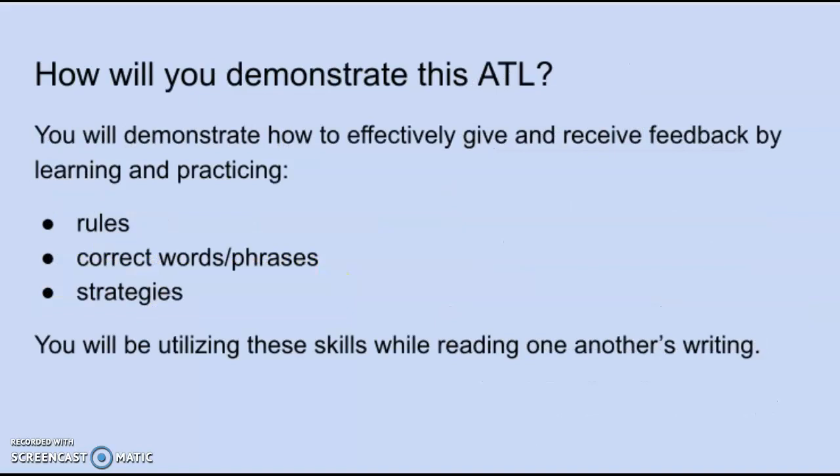How will you demonstrate this ATL skill? You will demonstrate how to effectively give and receive feedback by learning and practicing rules, correct words and phrases, and strategies. You will be using these skills while reading one another's writing.